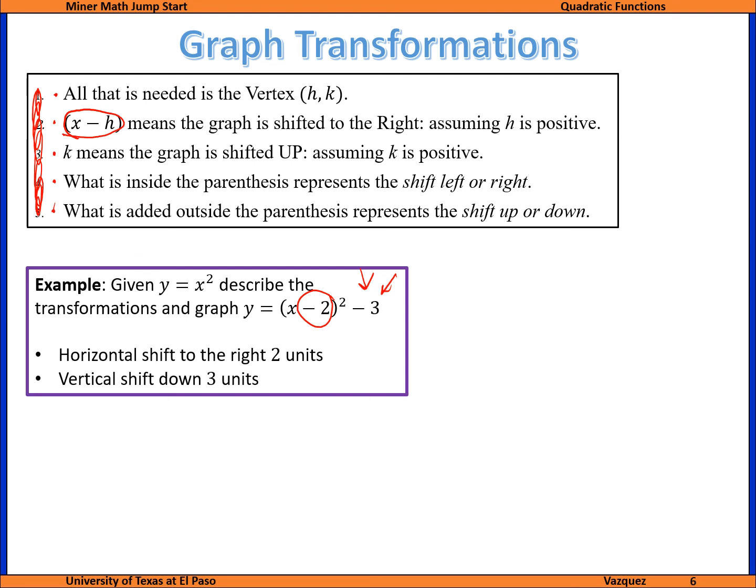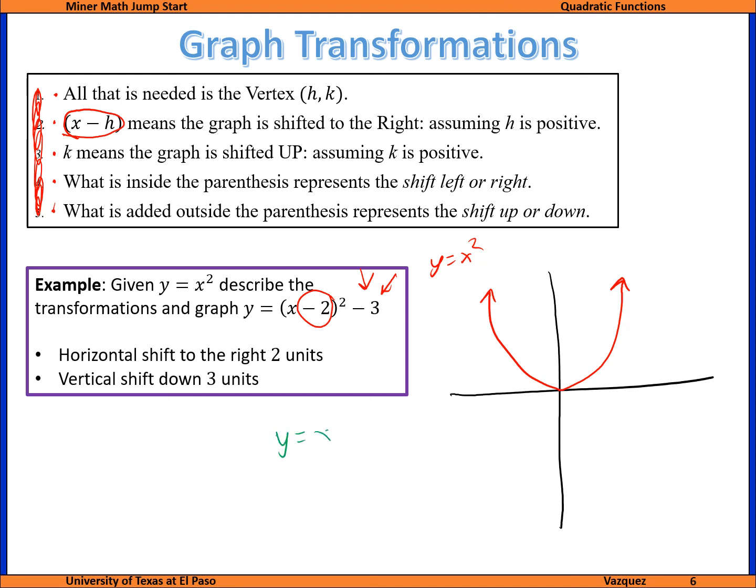And I didn't provide a graph for this one, but let me just go ahead and graph it just to give you an idea. So in red, I'll put y equals x squared. That's going to look something like this. Something like this. Now in green, I'll put y equals x minus 2 squared minus 3, our new function.